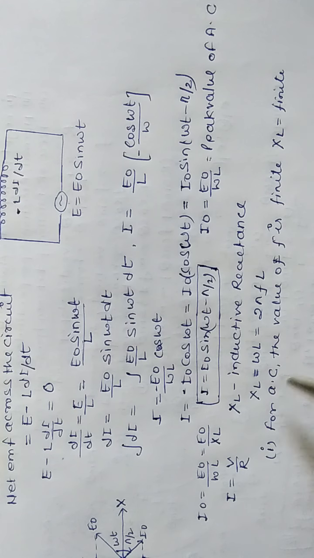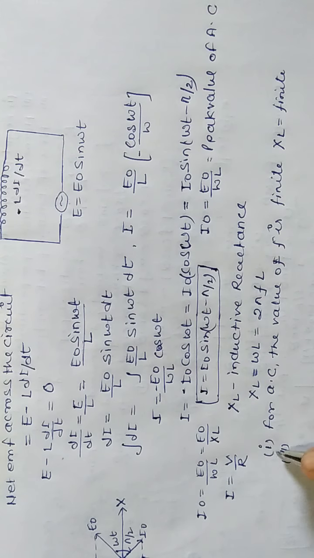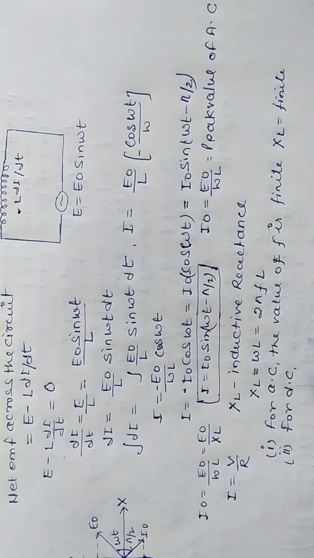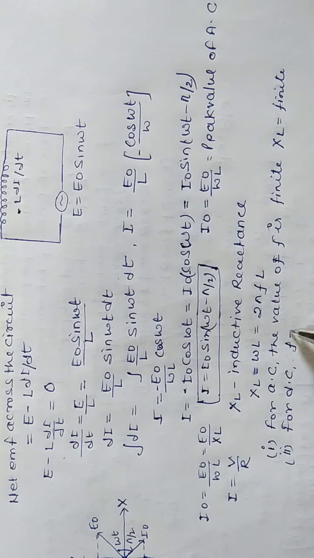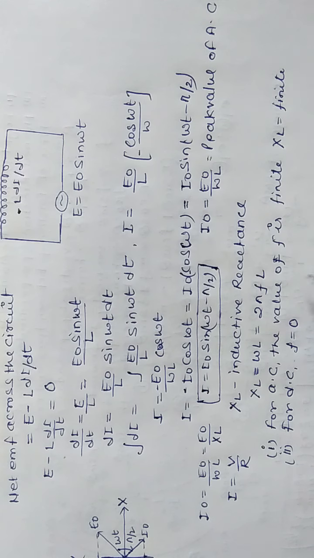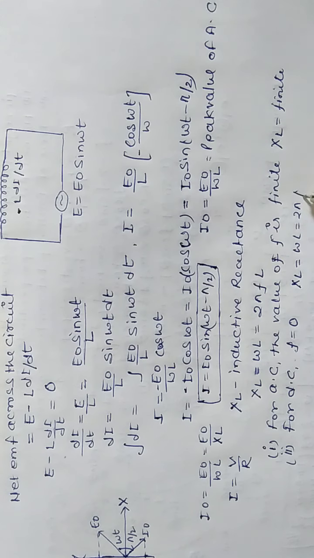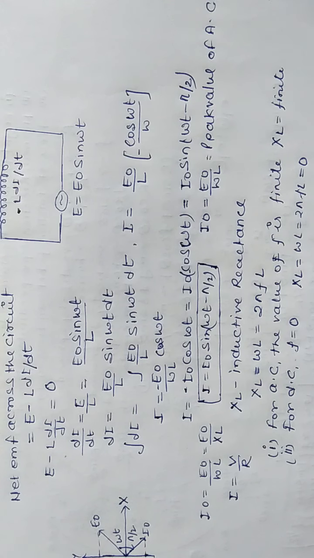Now in the second case, when a DC is passed through an inductor, for a DC the value of f is 0. So XL = ωL, or 2πfL, will also be 0.